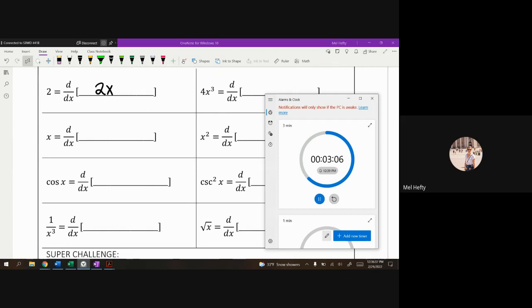Okay, so you think that one would be like 3 at the top? One half x to the x.